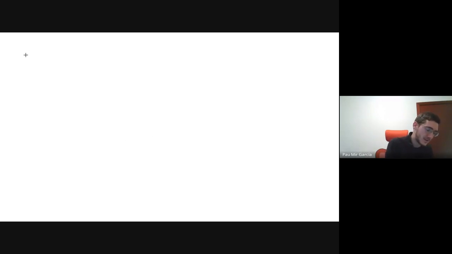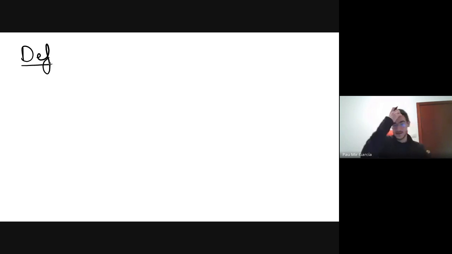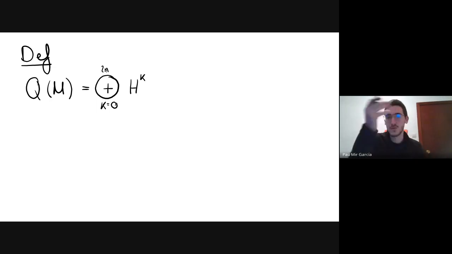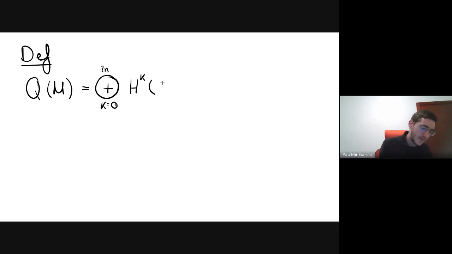Why? Because geometric quantization is defined in the following way. If you have J as the sheaf of flat sections, now the quantization of a manifold is defined as the sum of all the cohomology groups from 0 to n, of M with respect to this sheaf of flat sections.